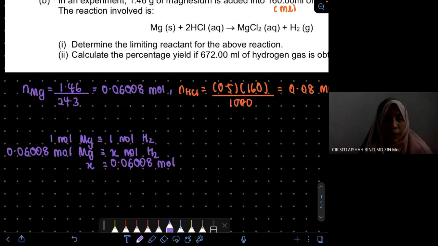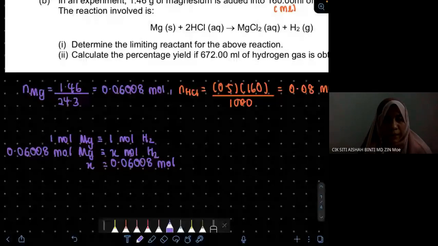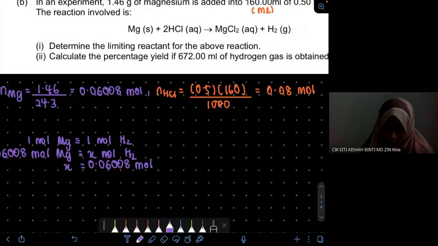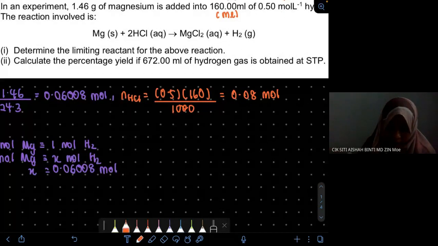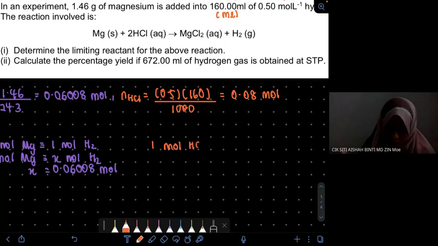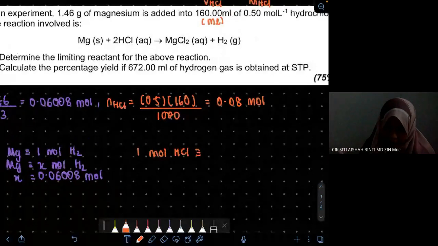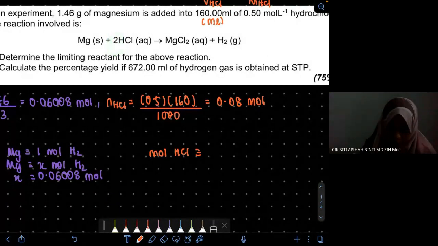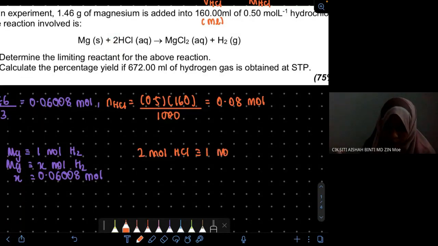Okay. So kali ni kita tengok. If we compare the number of mole of product with magnesium, we do get this value. Macam mana kalau kita compare dengan HCl? So 1 mole HCl equivalent to, it's not 1, it's 2 mole of HCl. Let's tengok berdasarkan equation lah. 2 mole of HCl equivalent to 1 mole of H2.